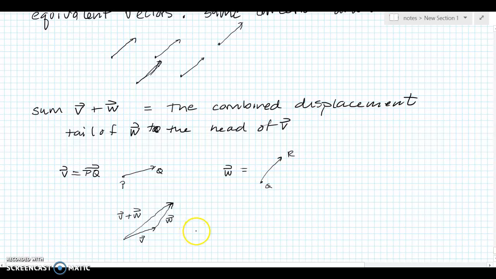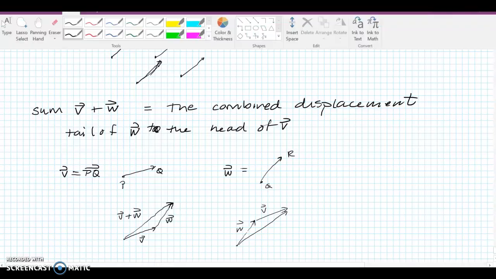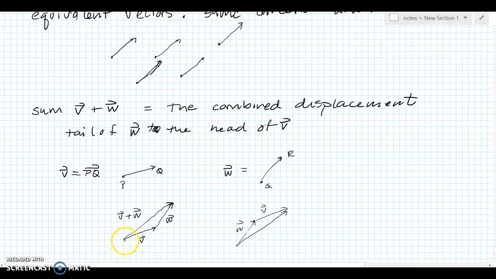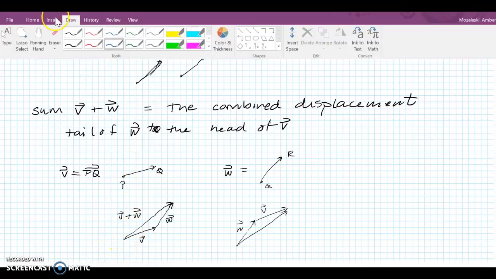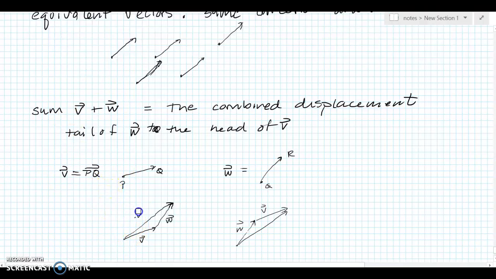Addition is commutative. So W plus V is the same. And so here is W plus V. To see that that's the same, I've got to get rid of this. So this is W, up 4/3.